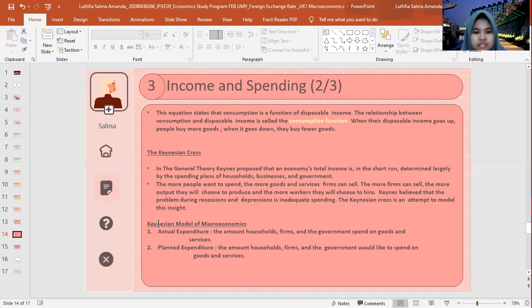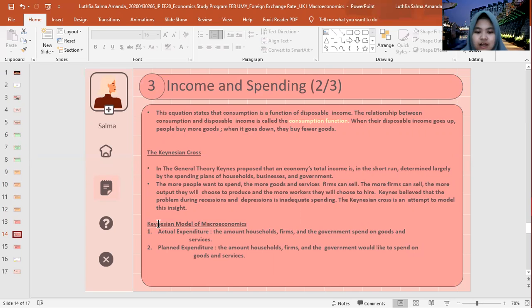And two, planned expenditure, the amount households, firms, and the government would like to spend on goods and services. So why would actual expenditure differ from planned expenditure? It is because firms might engage in unplanned inventory investment when their sales do not meet their expectations.